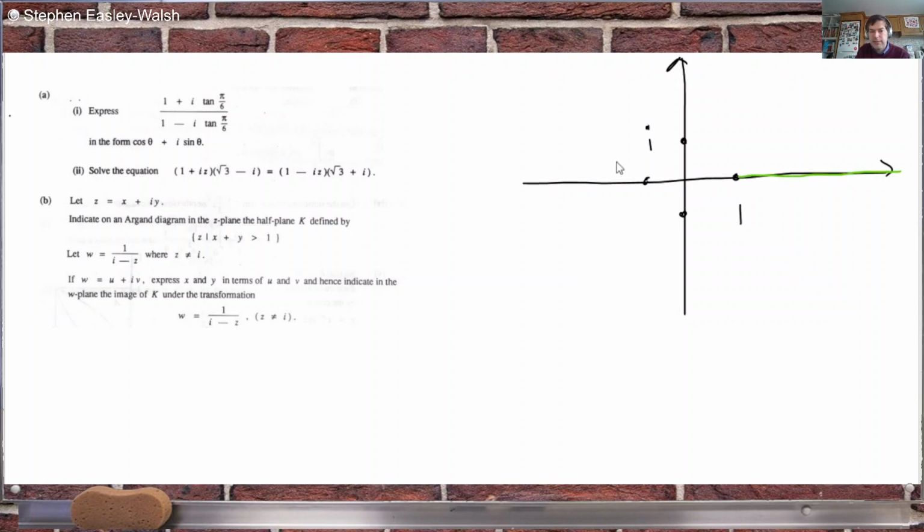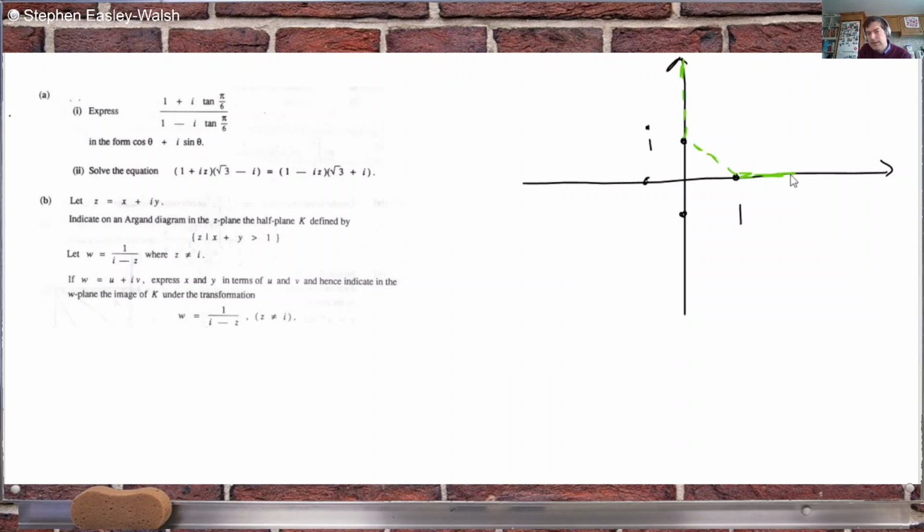And then for example, when x is 0, you need y to be more than 1, so you need to be here. So I think you'll get, maybe I should do a dotted line to indicate it's not included here.